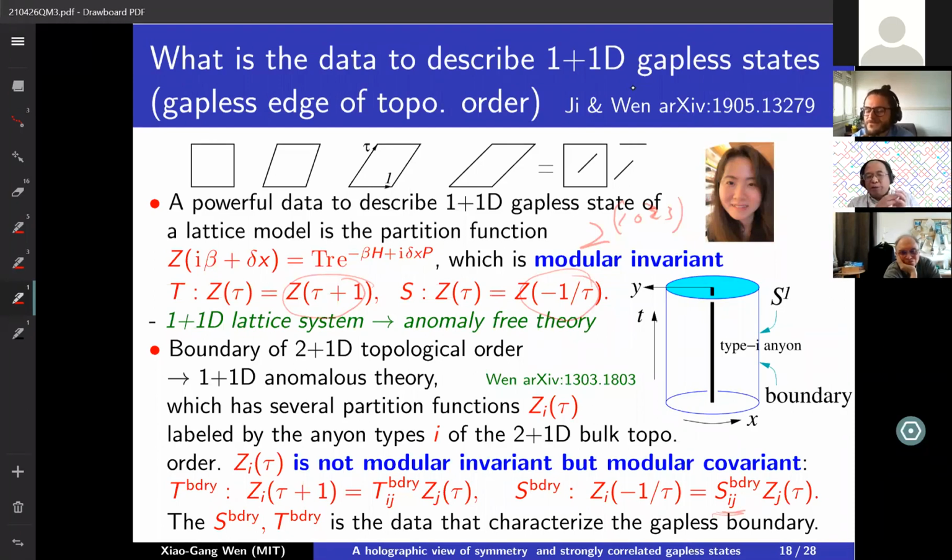This vector bundle is a key to understanding topological order, and we believe it encodes all the information about topological order. But certainly not every vector bundle is allowed. So we have to say which vector bundle is realizable by a local many-body Hamiltonian. This is a big question.